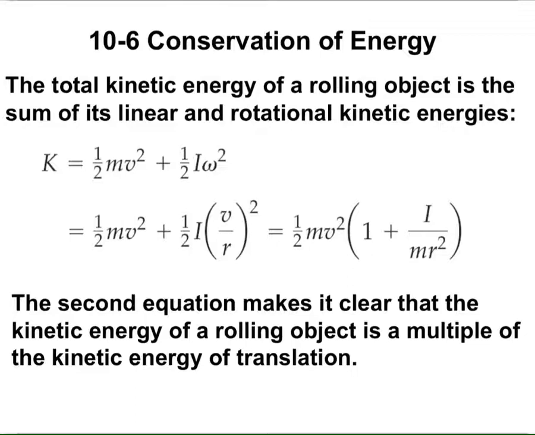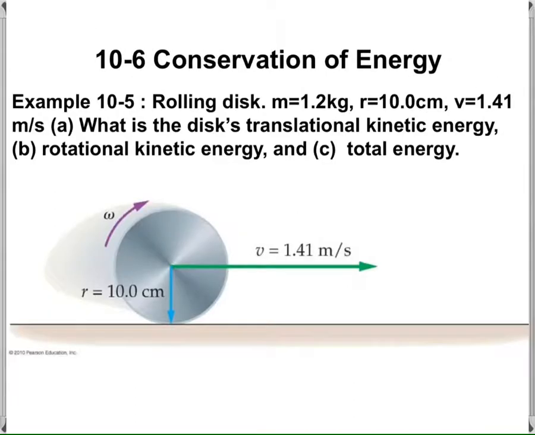And before that, let's think of this rolling motion. A disk is rolling, also it's going on this parallel surface with some linear velocity. It is given as 1.41. And it has the radius of 10 centimeters.